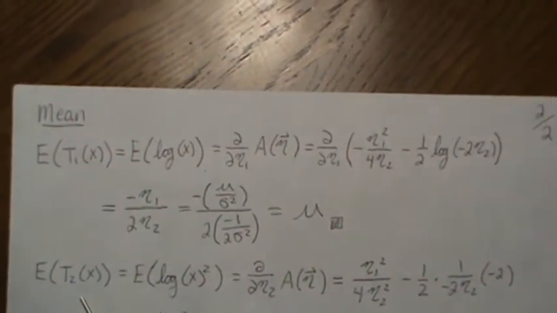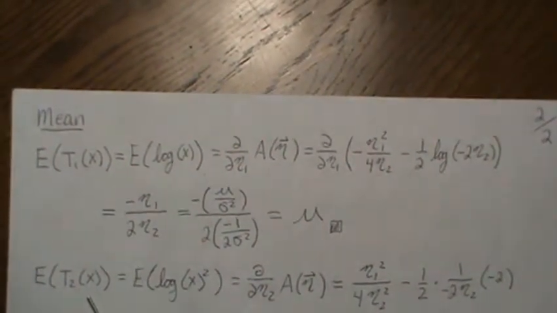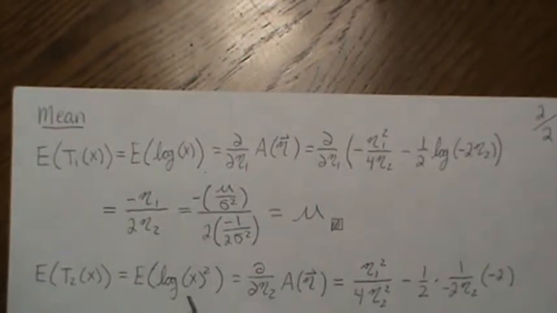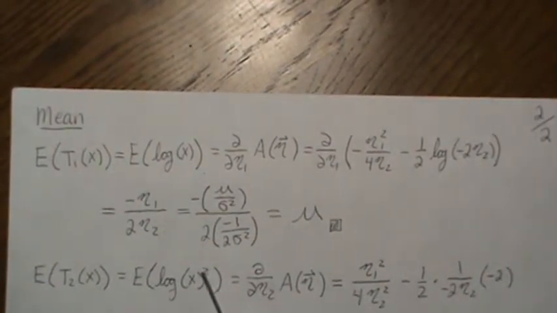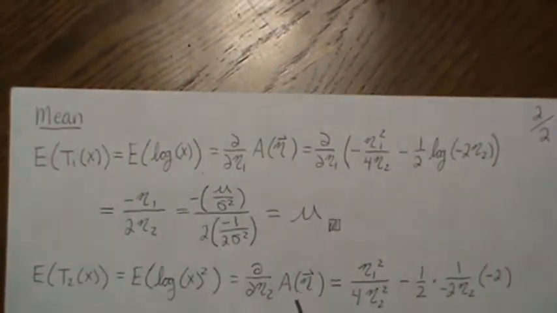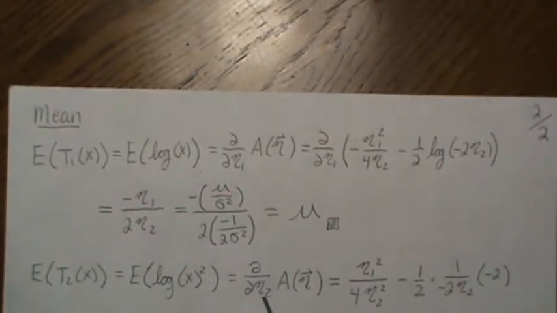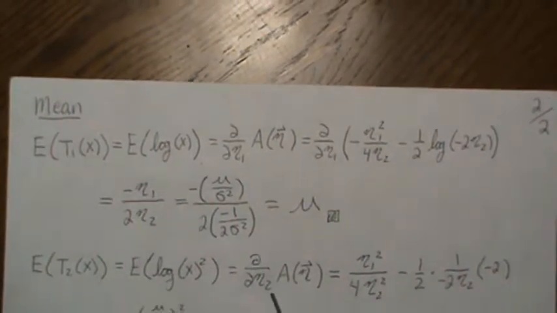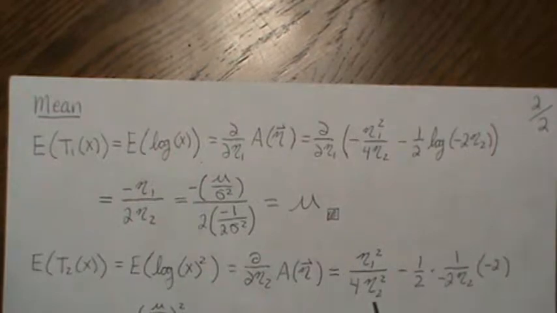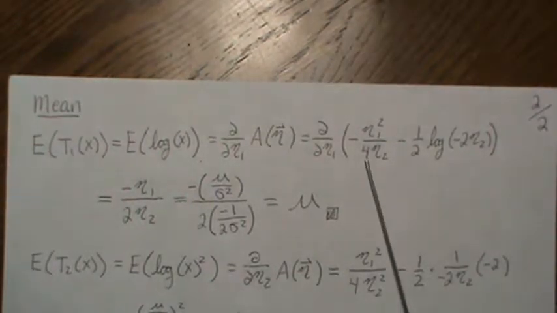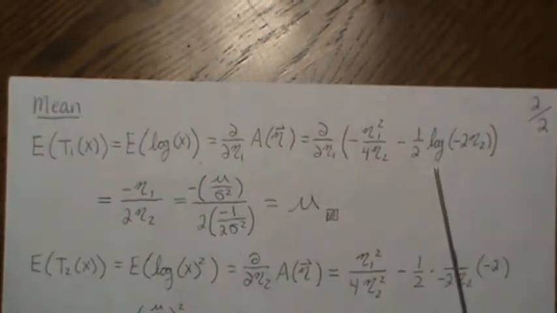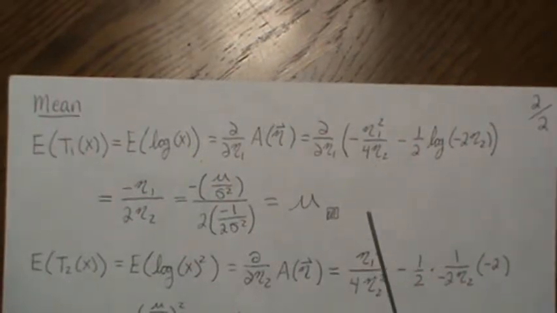So now the mean of our second sufficient statistic is going to be the mean of the log of x quantity squared, and that says it's the partial of our log partition with respect to eta 2. So now this is our log partition, and so we take the derivative with respect to eta 2.